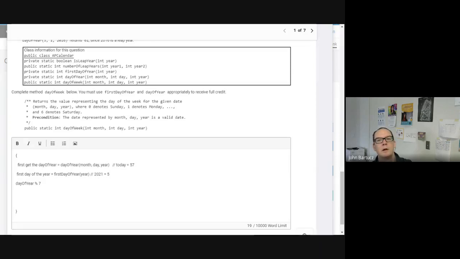But, and this is where computer science gets tricky, the year doesn't start on day 0.